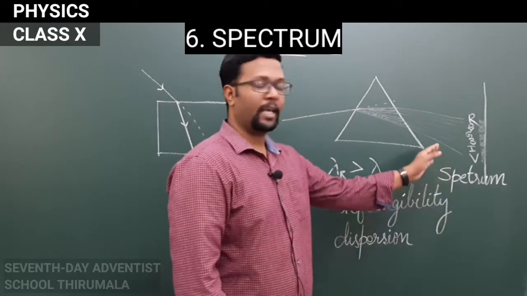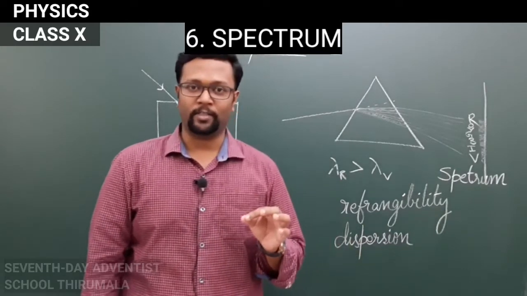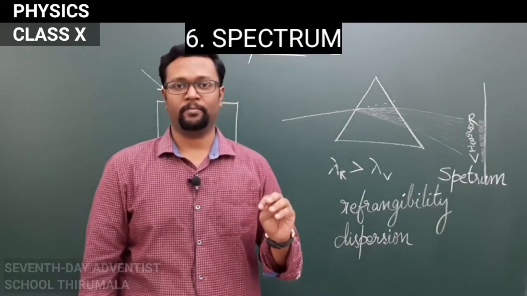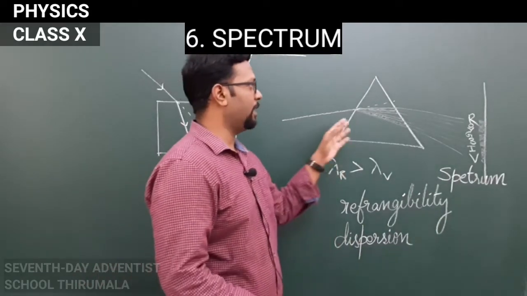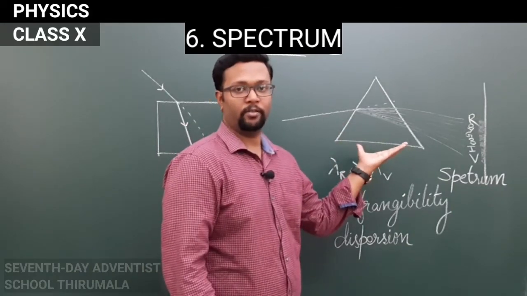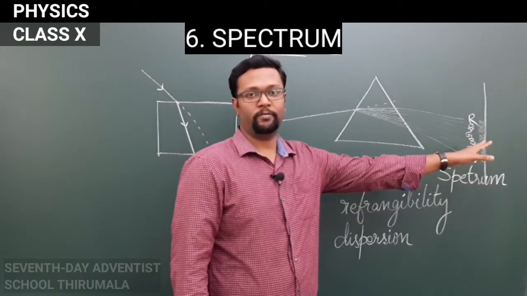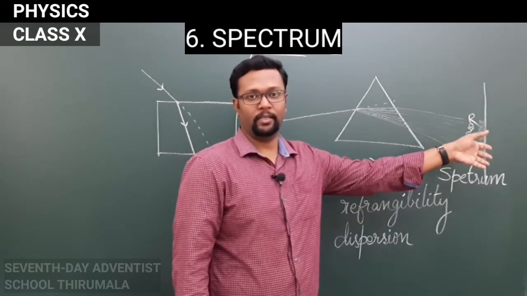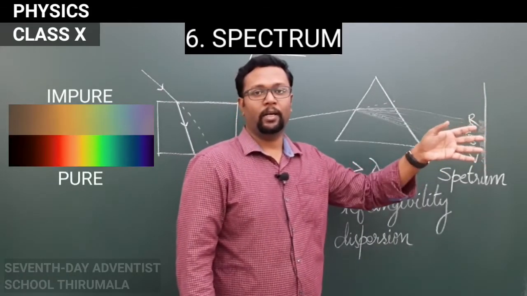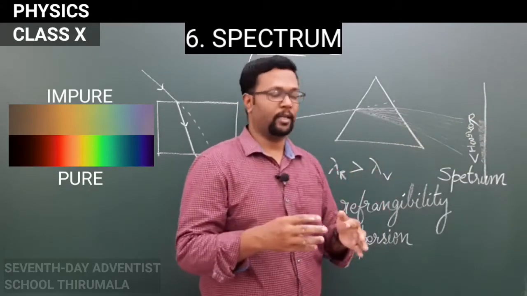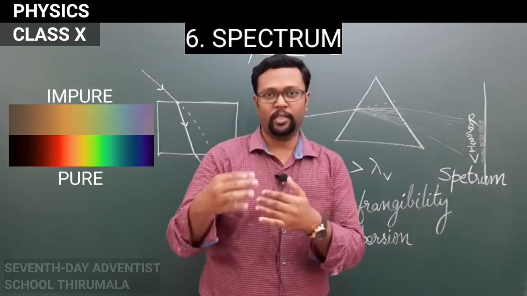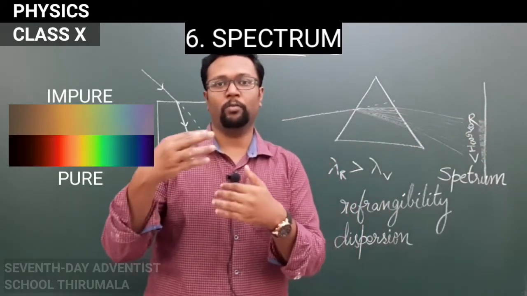This spectrum can be a pure spectrum or an impure spectrum. Usually, if we take a prism from our school and pass a light ray, we get a band of 7 colors, with one color merging into another: red merging into orange, yellow, green, blue, like that.